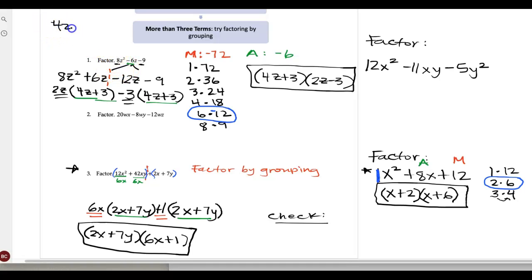Well, that could be 4z squared times 2z squared, or it could be 8z squared times 1z squared. So what possibilities are there? And then what possibilities are there for -9? Well, it could be 9 times 1 or 3 times 3, and some of them being positive and negative too.